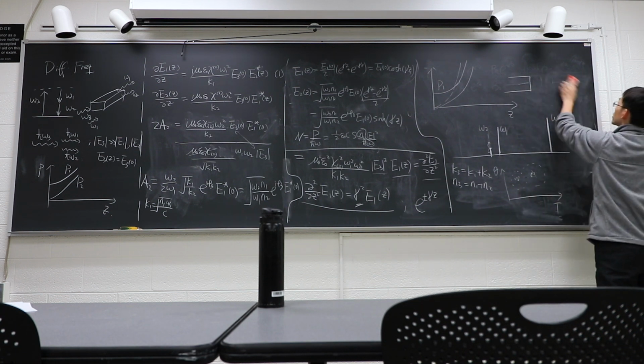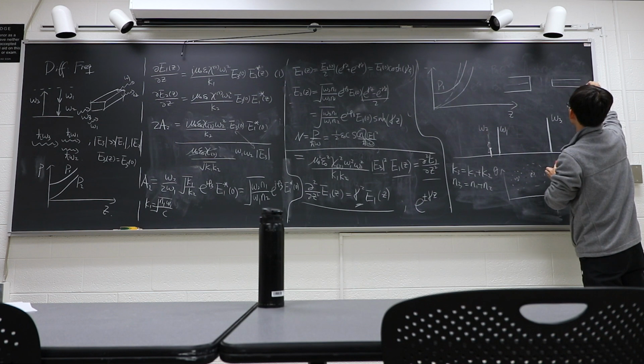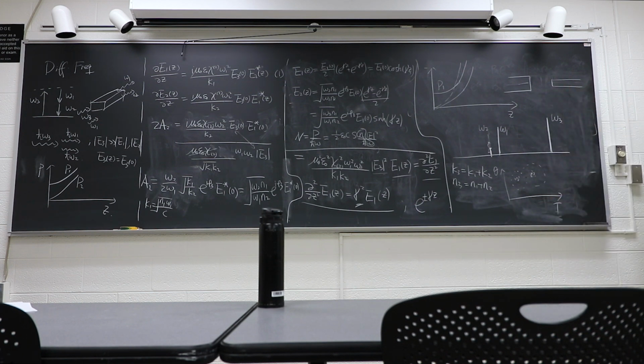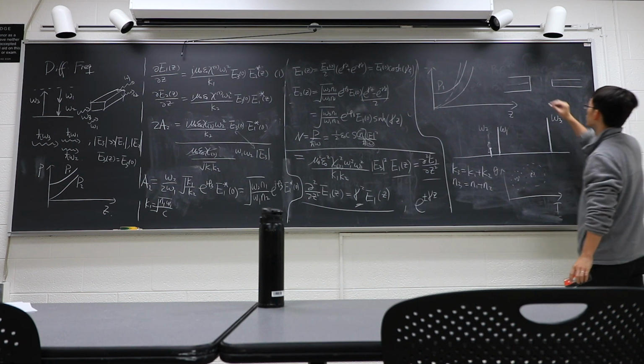You have a laser beam and you want to couple it into a fiber. There are actually at least 4 knobs, actually 5 knobs.